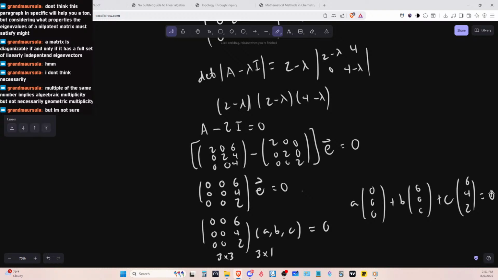So all these just go bye-bye, and we're just left with one, meaning that the only way this is 0 is if C is 0.